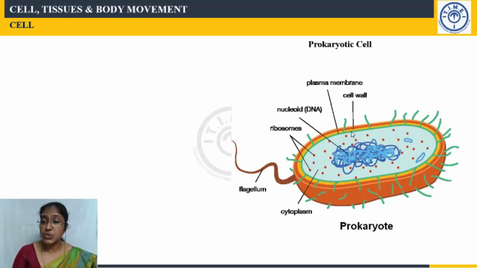Inner to that cell wall, this yellow colored one, the plasma membrane is present, and in the middle the genetic material, DNA, is just suspended in the cytoplasm. It is the nucleoid, and ribosomes are the cell organelles, and the flagellum is for locomotion, for movement, and this is the cytoplasm. So these are all the parts of a prokaryotic cell. A typical bacterial structure is shown here.